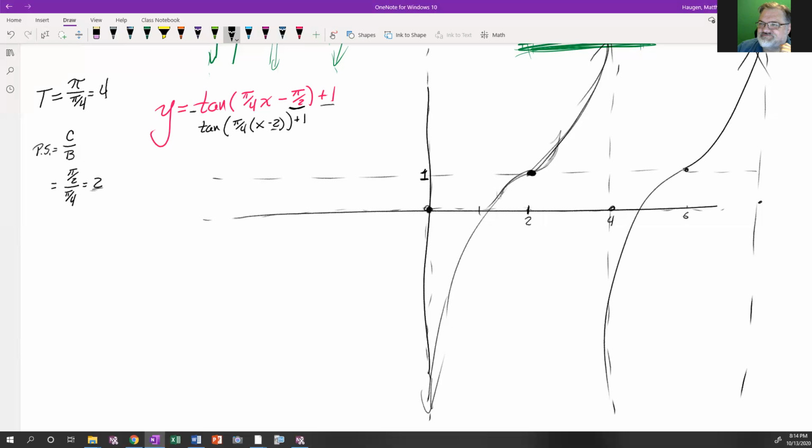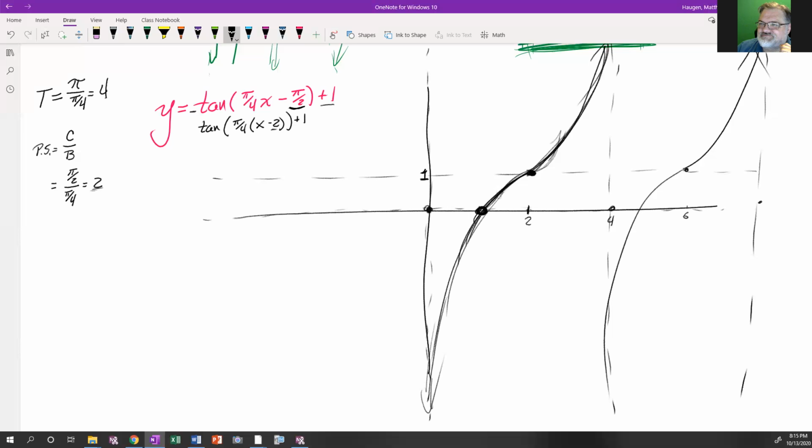Now, if we wanted to figure out exactly where it crosses there, we could, and we'll talk about that if you want to. That amplitude does affect where those quarter points are. So instead of having a max at that quarter point, this quarter point is going to be off by the amplitude in value.